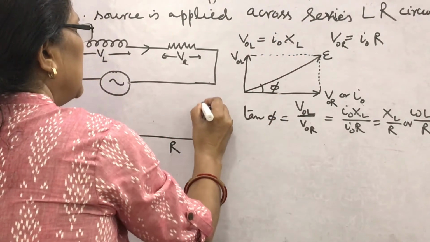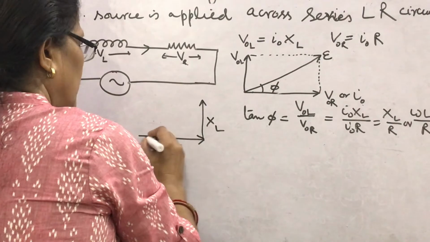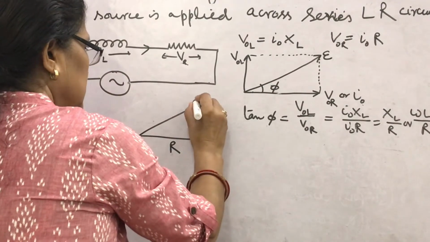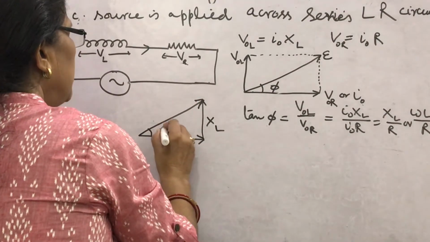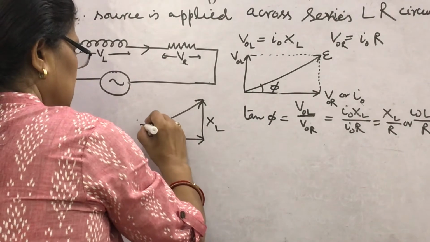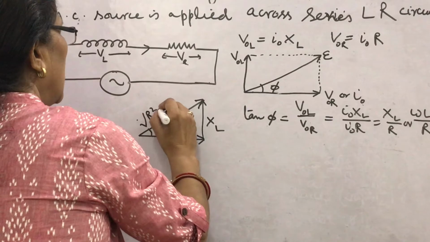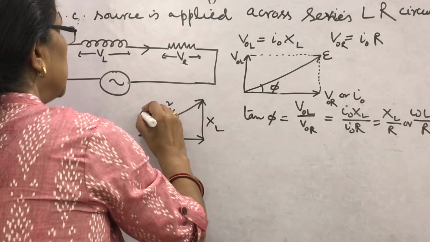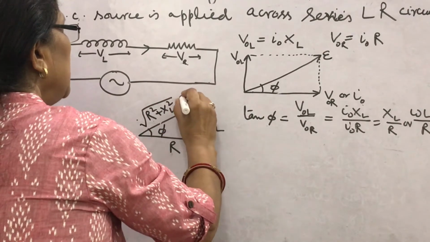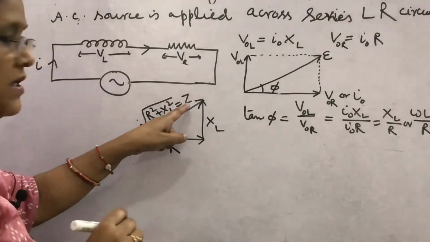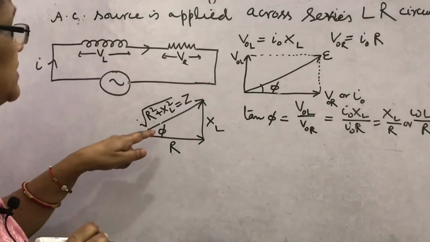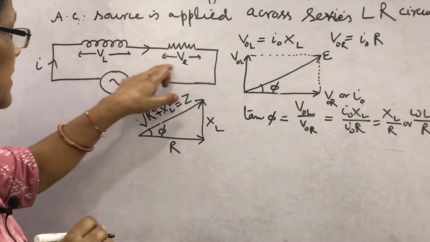You get the same angle phi, and using Pythagoras, this is under root R square plus XL square. This quantity, represented by Z, is called the combined hindrance in the path of current in the LR circuit.